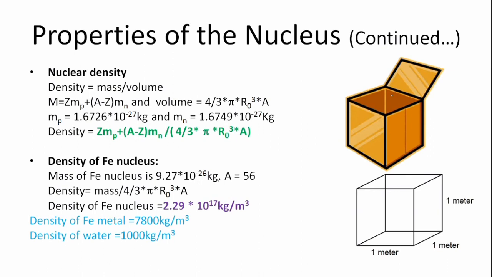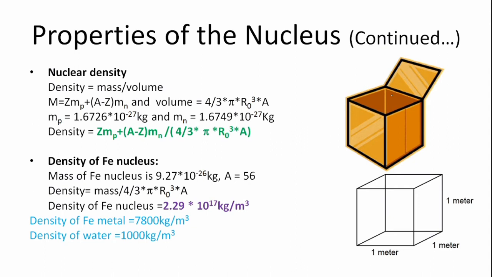So now let us move on to the next property, that is nuclear density. We all know that density is defined as the mass of a substance divided by its volume, and we also know that the mass of a nucleus is given by Z mp plus A minus Z into mn, and the volume of the nucleus is equal to 4 by 3 pi r naught cube into A. When we substitute the mass of a proton and the mass of a neutron, we derive the density of the nucleus.